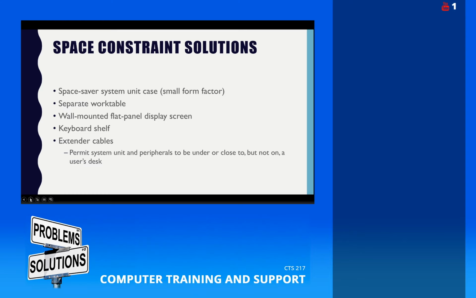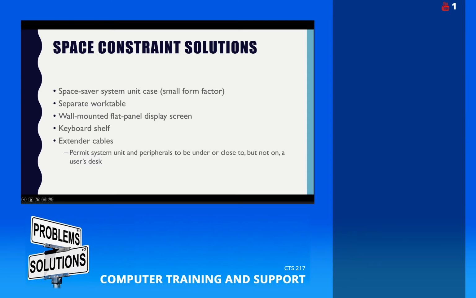You don't necessarily need a full form factor desktop case for all desktops. If it's not a powerful machine where you have to put a bunch of high-end components into it, you can consider a mini or micro ATX type case, and that would help lower the footprint of that device and save a little space.